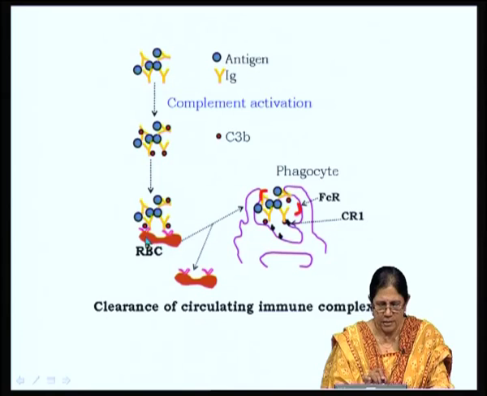The red blood cells have CR1, because you can imagine that the red blood cells are large in number and in circulation, and therefore, the complex can load onto the CR1 receptor on the red blood cells.